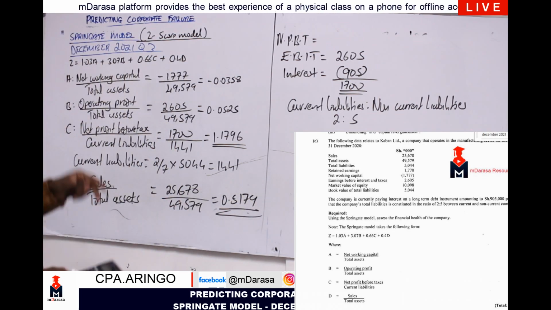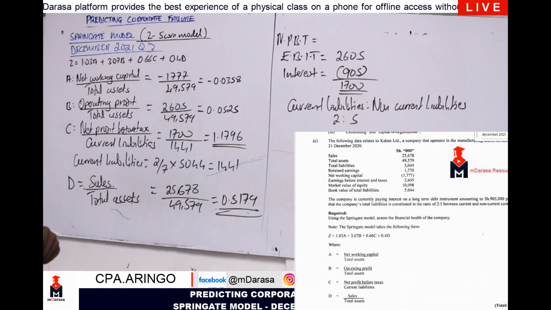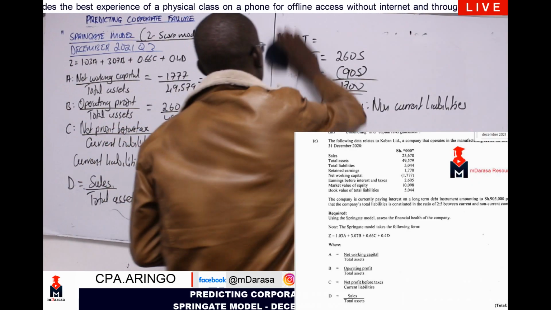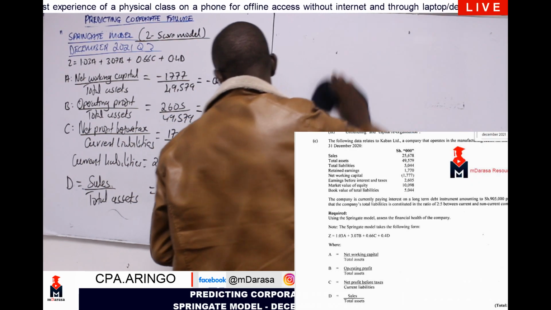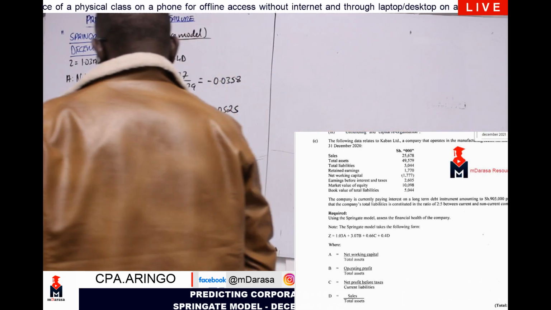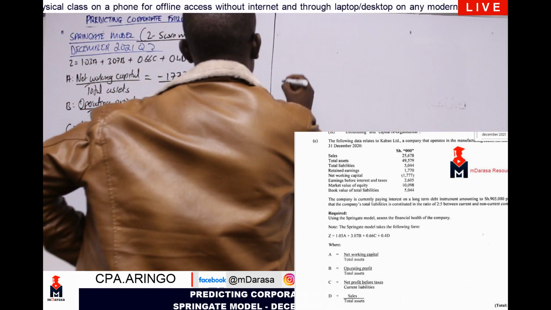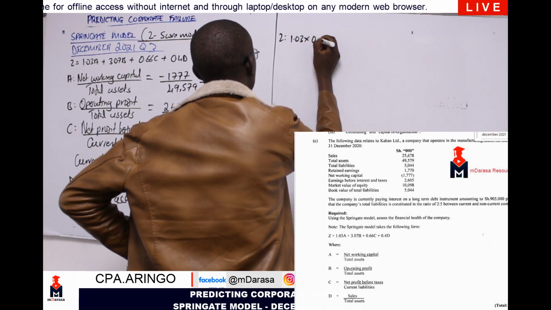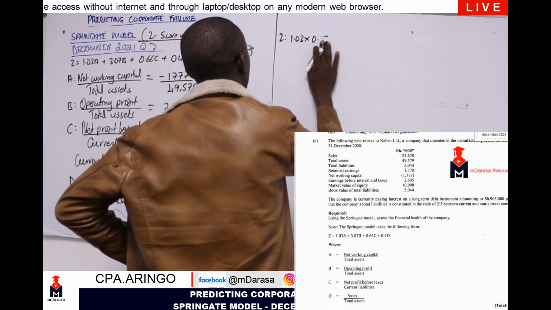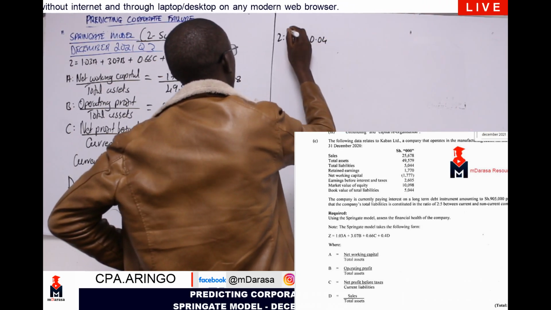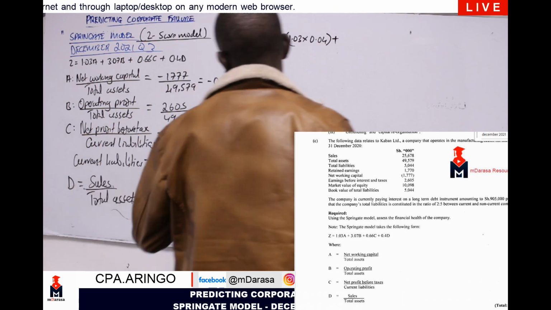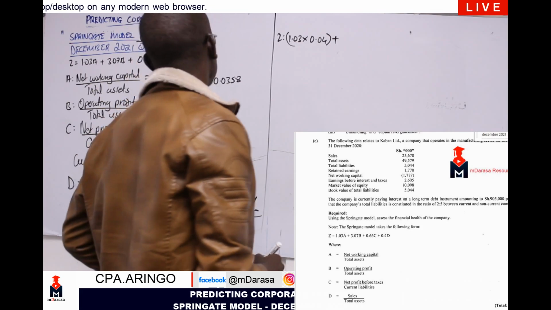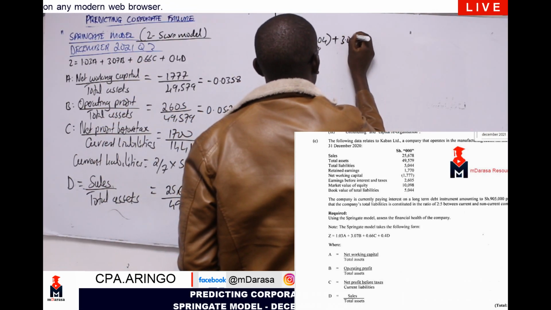We have achieved all our variables in relation to A, B, C, and D. The next step will be simple because I'll be taking our model now, which in this case, we are having our Z to be equal to 1.03 times A, 0.04. We take our B will be equal to 3.07.